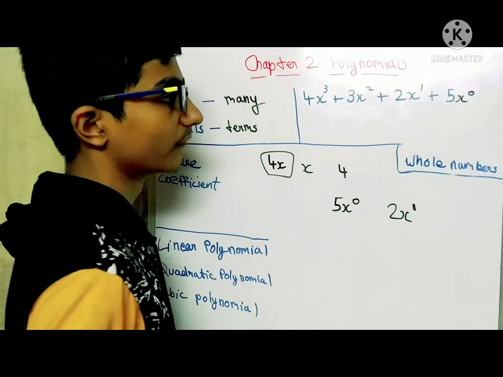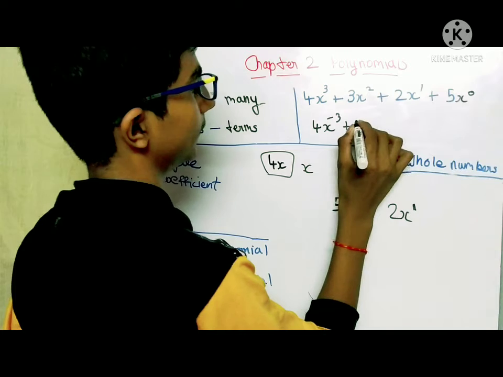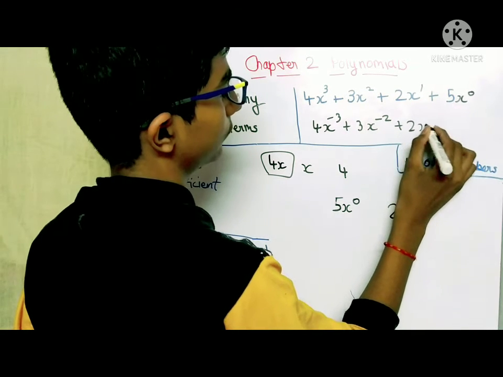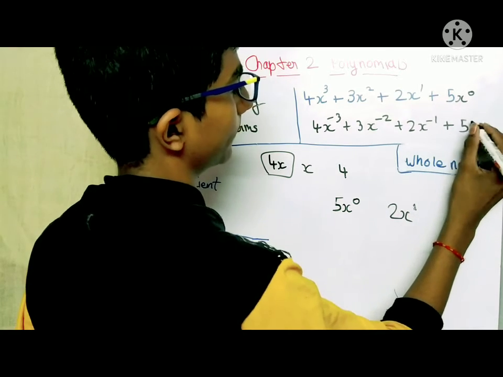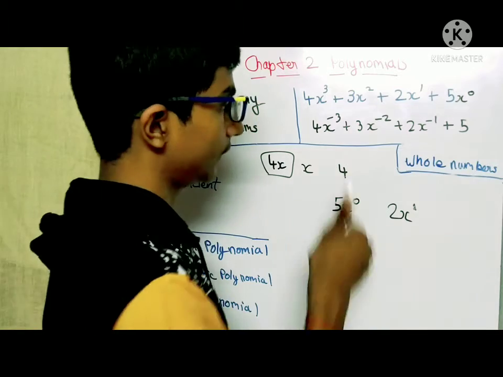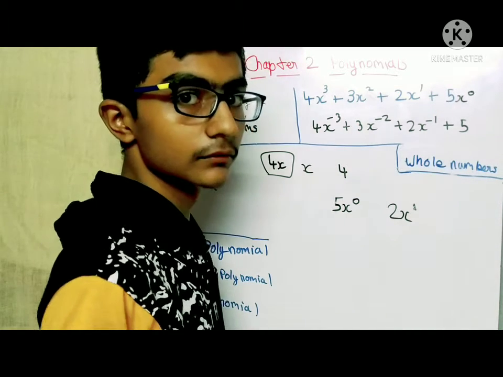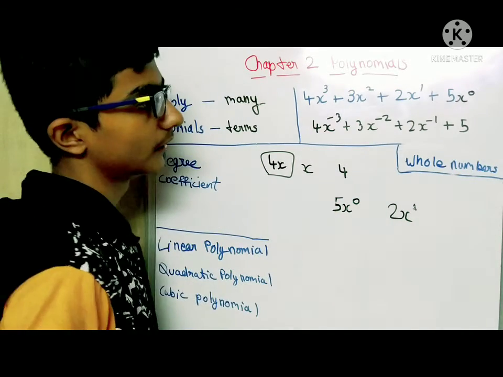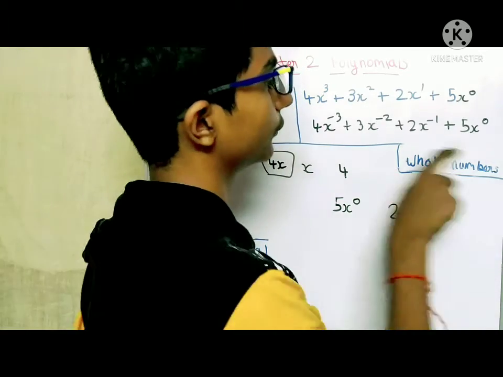Now what if I take 4x to the power minus 3 plus 3x to the power minus 2 plus 2x to the power minus 1 plus 5? Will this be a polynomial? No or yes? No, because the power is not a whole number, but here only 5 is given, so we can add the power 0, so this is a polynomial.